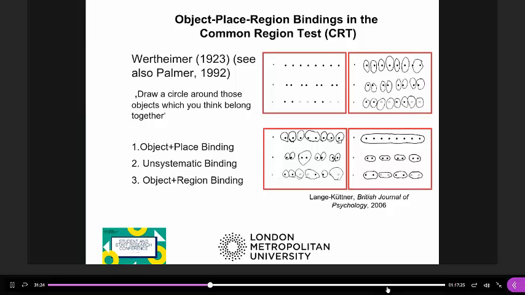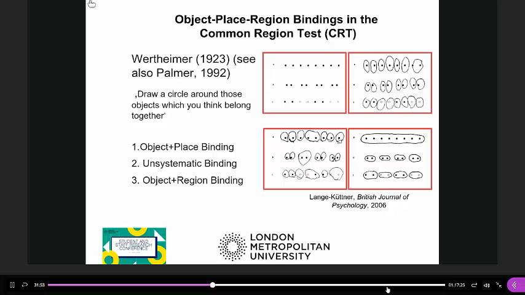That is, two dots are closer to one another than, say, these two dots. And the third row is the same as the first row. It's just that the appearance varies, so these are of a different color than the second one. How can you draw a circle around those objects which you think belong together?